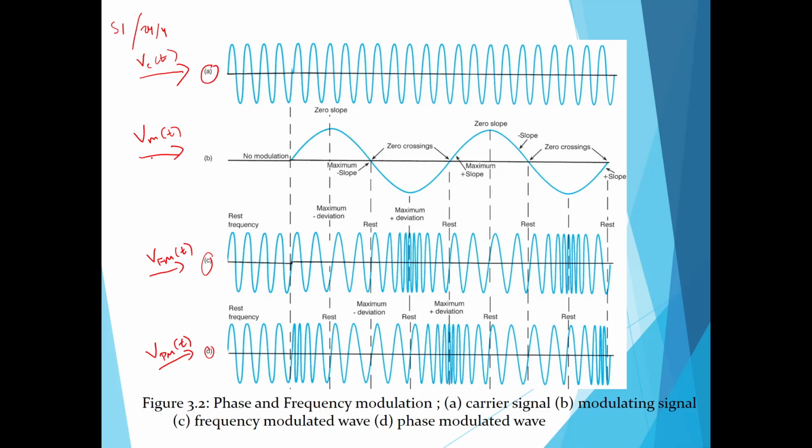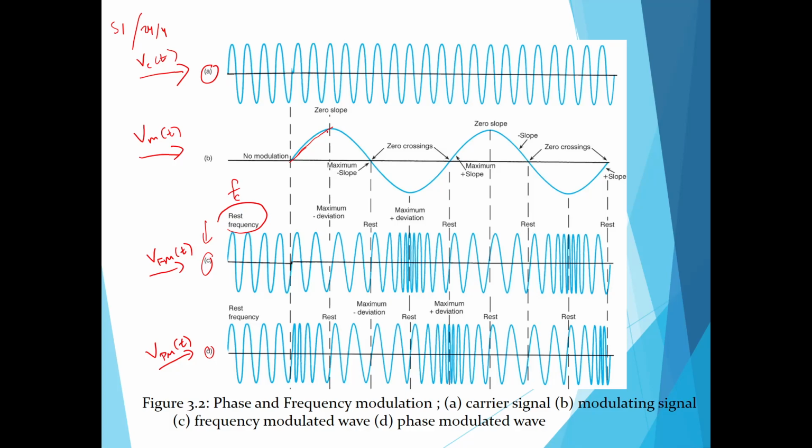Let's look at graph C for the FM. Initially the wave is at rest frequency. Rest frequency means Fc, at center. Then the input moves from 0 until positive maximum.